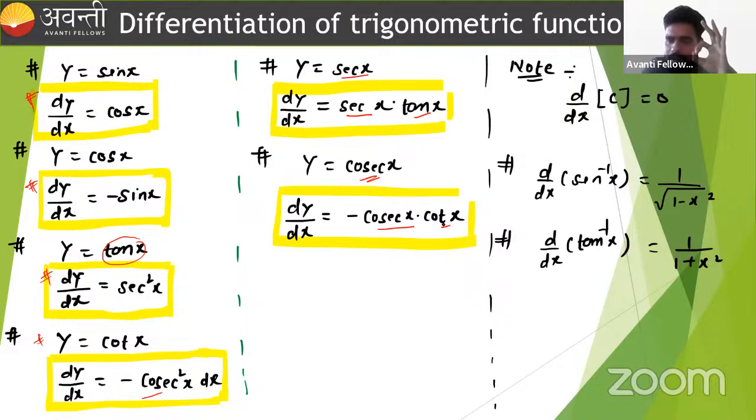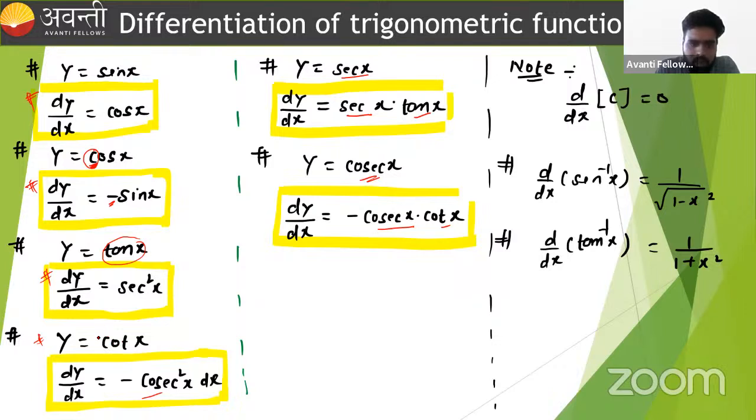One more trick I want to tell you, how you can remember which trigonometric functions have a minus sign in their differentiation: those which start with the letter C. Let us check. Cos x starts with C, so its output is negative.